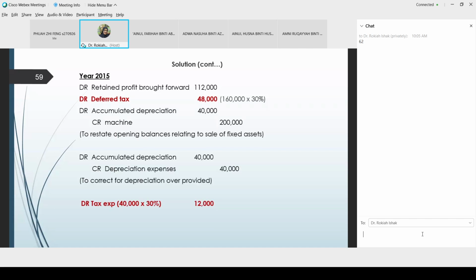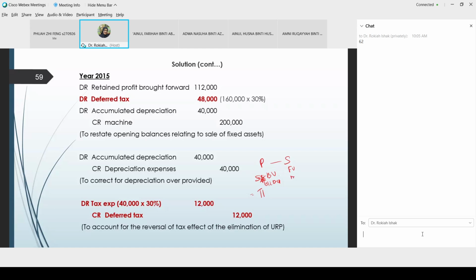Once the asset is sold at the selling price, let's say from parent to subsidiary, they recognize a profit. The parent records at book value, but the subsidiary records at fair value. So the difference is between the old depreciation and the new depreciation.